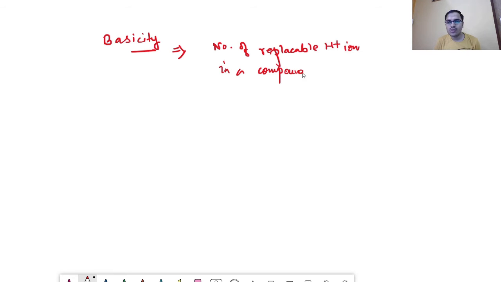So if an acid is dissolved in water, the number of H plus ions released will define its basicity. If you have only one replaceable H plus ion, then it is called monobasic. If we have two replaceable H plus ions, then we call it dibasic.